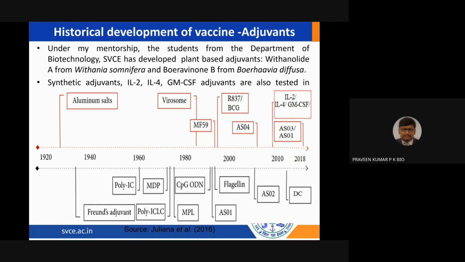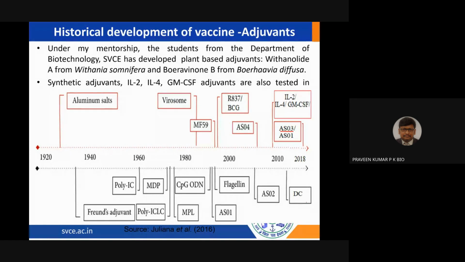Even myself, I tried with AH03. The AH03 uses a squalene based adjuvant. So instead of squalene, a squalene derivative is withanoids, a plant steroid compound from ashwagandha. I tried this kind of adjuvants, that is withanoids with the dendritic cell vaccines.